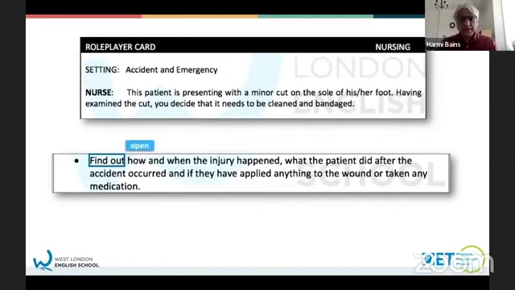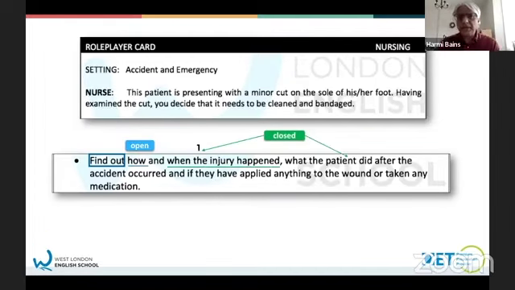So you've got to find out. You're going to start with an open question, and then you're going to move to more specific closed questions.